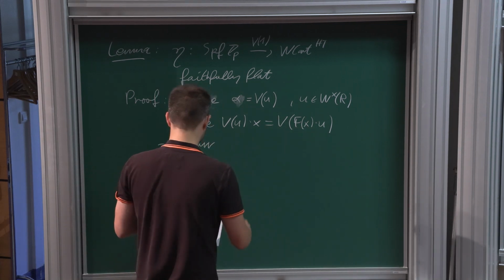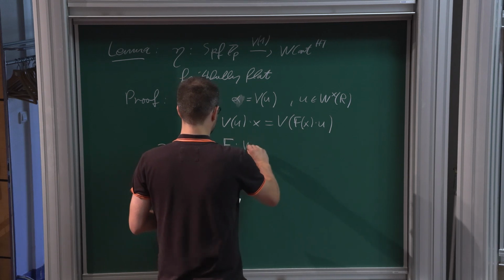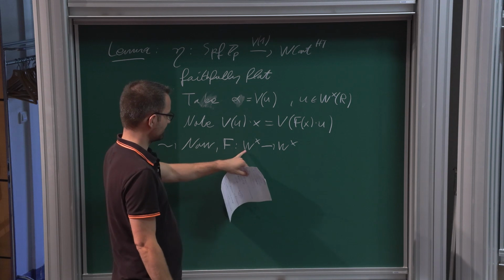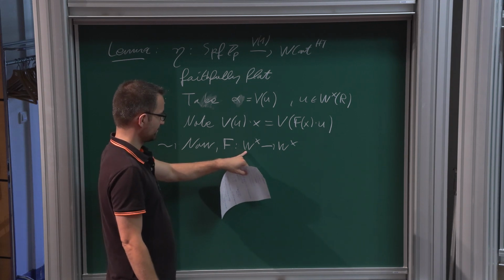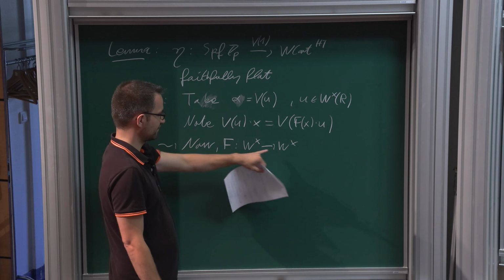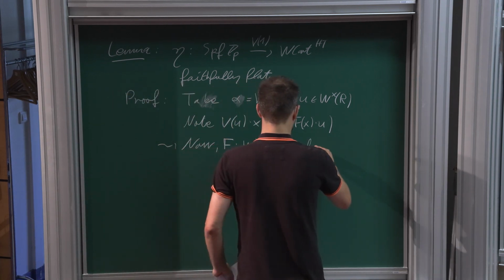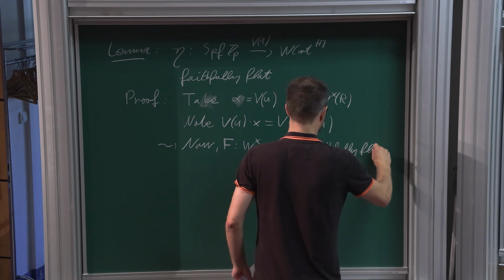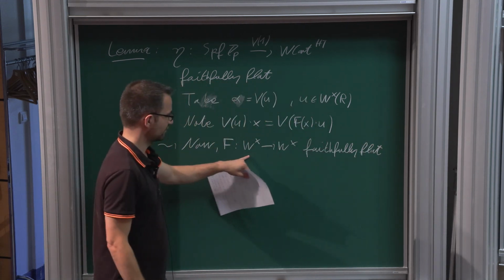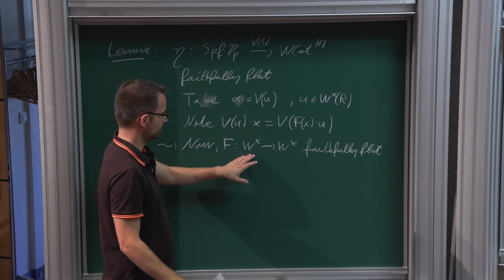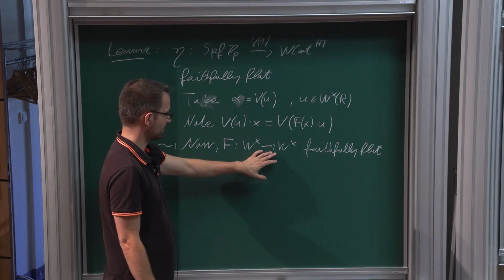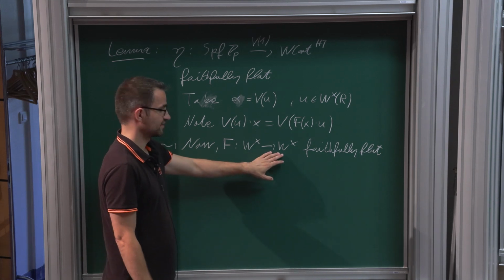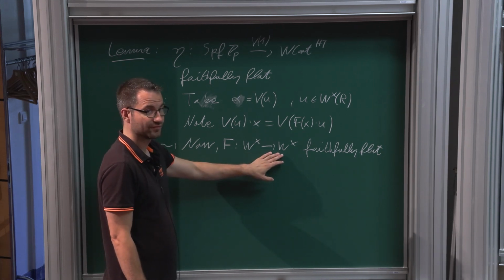And so now what one can observe is that Frobenius, as a morphism from the formal scheme of units in the Witt vectors to itself, is faithfully flat. So this faithful flatness in turn reduces to the faithful flatness of the Frobenius on the scheme of Witt vectors itself.